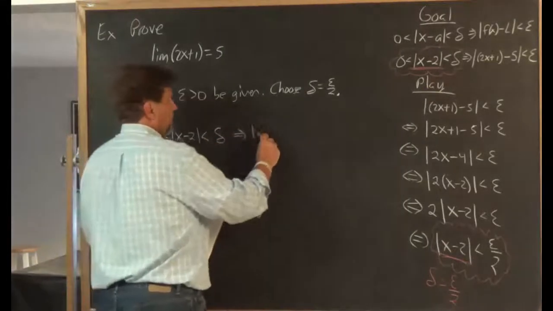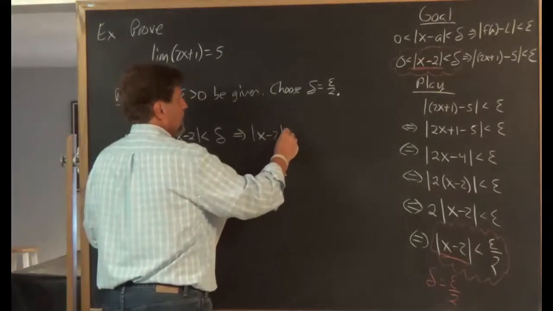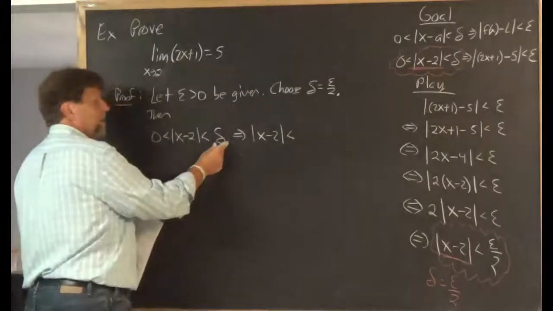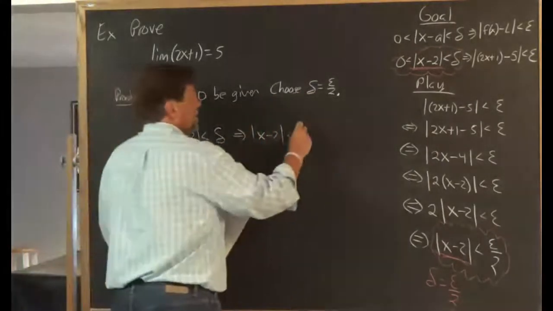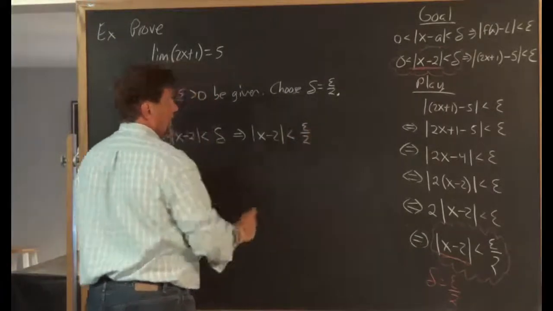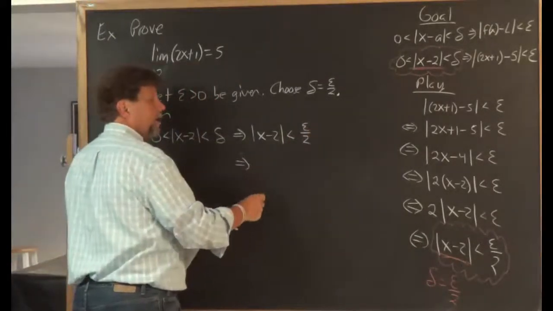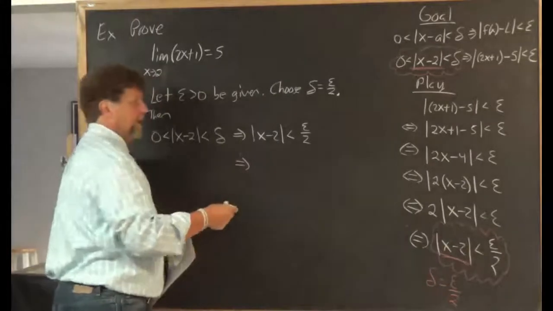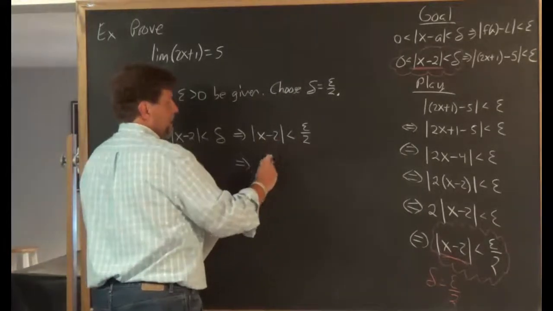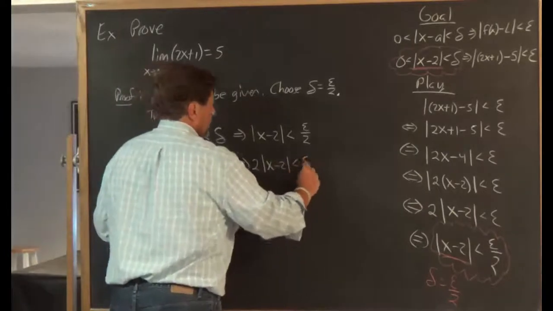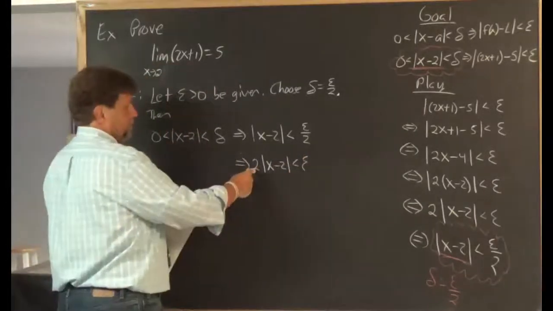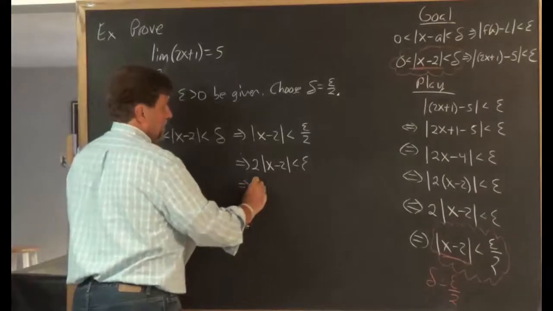Then absolute value of x minus 2 is less than, and here's where we put the epsilon over 2 in for delta. And now we just kind of reverse our steps of playing around. I mean, multiply both sides of this inequality by 2. That's not too bad. Bring this back inside the absolute value.